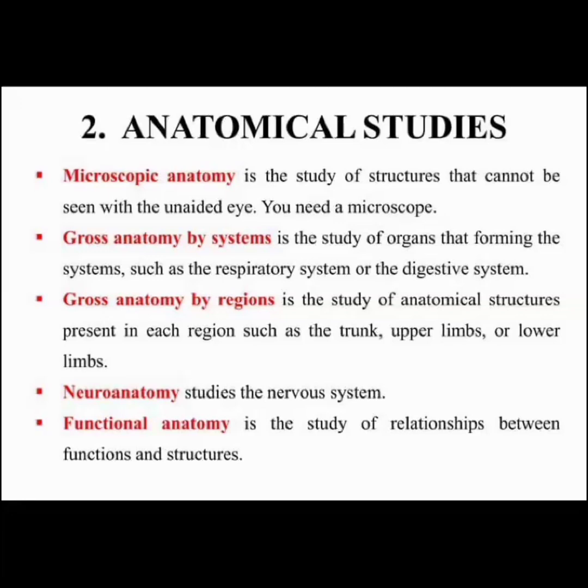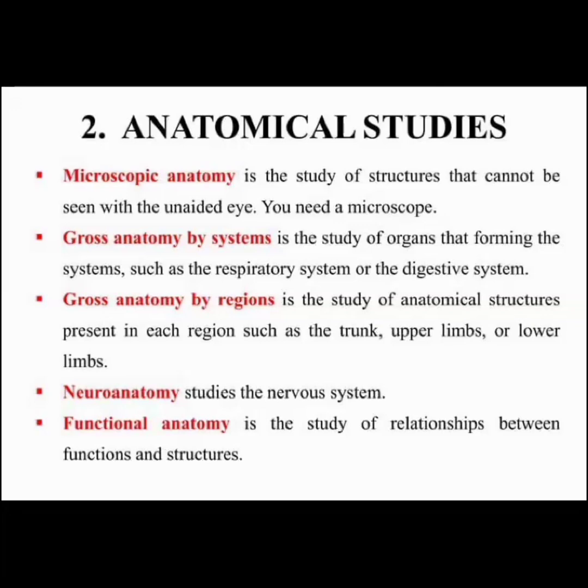Second, gross anatomy by systems. It is the study of organs forming the systems, such as the respiratory system or the digestive system. In this anatomy, we study the different organs related to a particular system, for example the digestive system and the respiratory system.